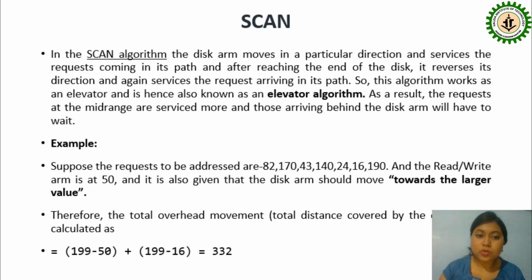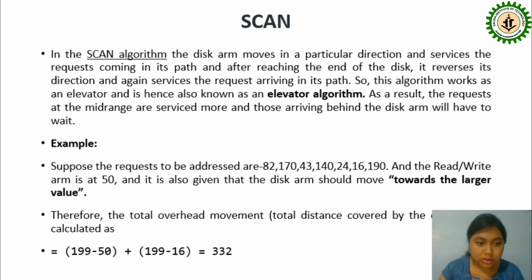So this algorithm works as an elevator, and it is also known as the elevator algorithm. As a result, the requests in the mid-range are serviced more and those arriving behind the disk arm will have to wait. Same example, but we have to move towards the larger value.